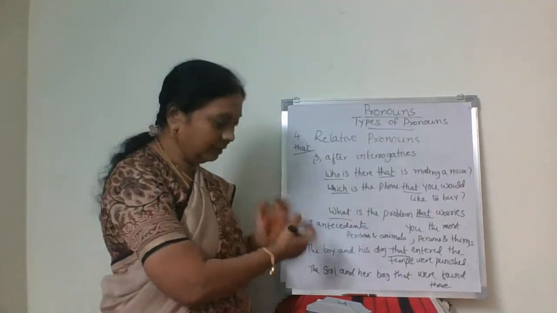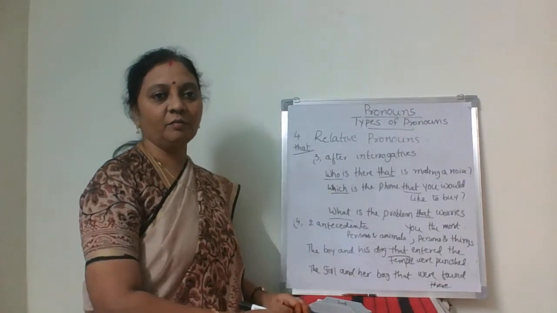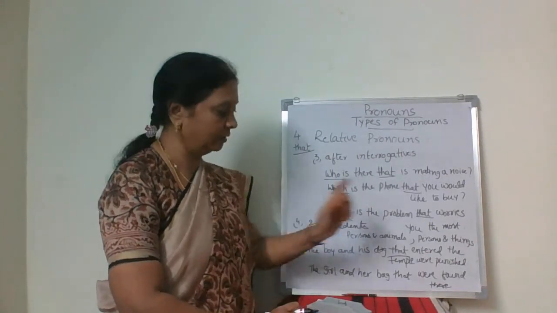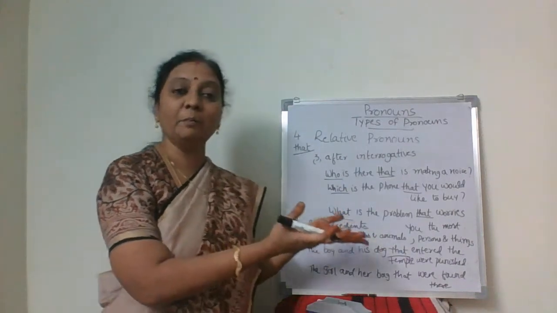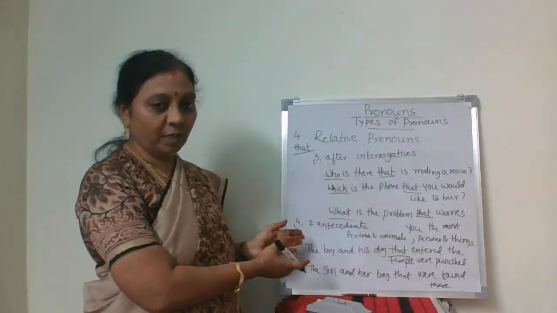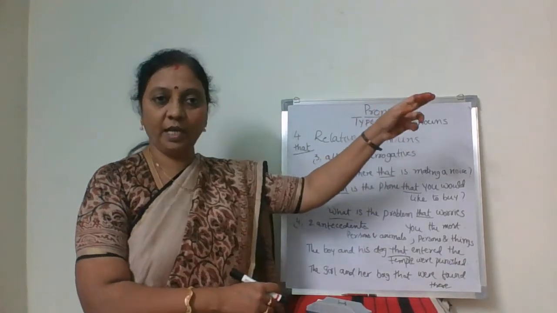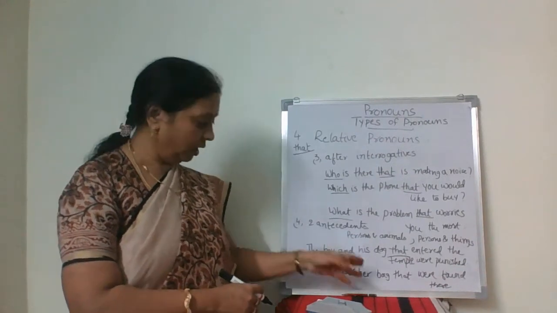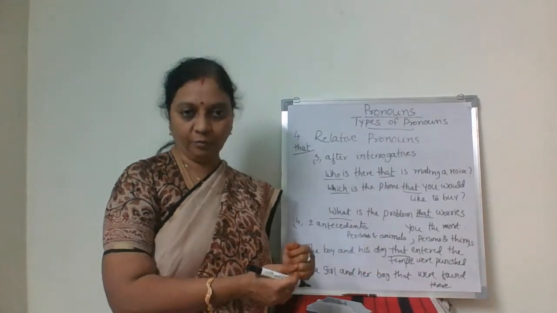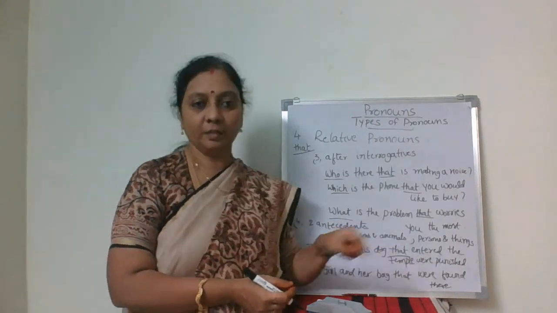So one person and one dog is there in that combination, and the correct relative pronoun is that. Similarly, the girl and her bag that were found there. One person and one thing are there, so who or which alone you cannot use. In such cases also that.